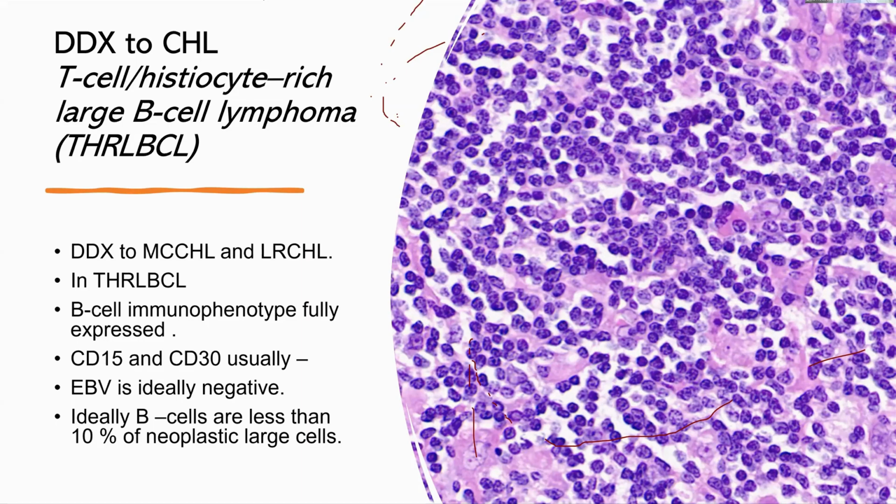Technically speaking, to make this diagnosis, these large neoplastic cells should represent less than 10% of the cell population that you see. And in the background, you will have histiocytes as well as small T lymphocytes rather than B lymphocytes, and this is important. We will mention that later on.